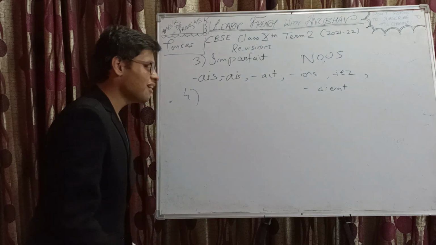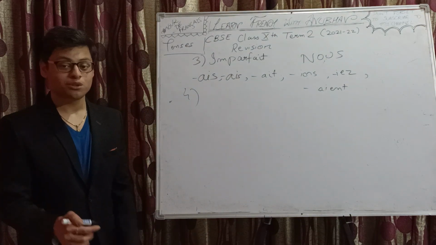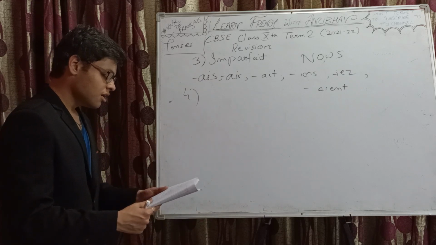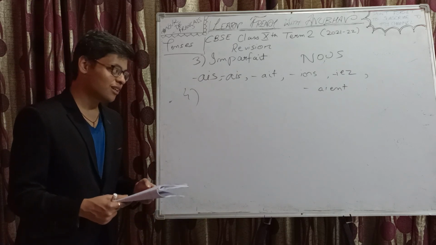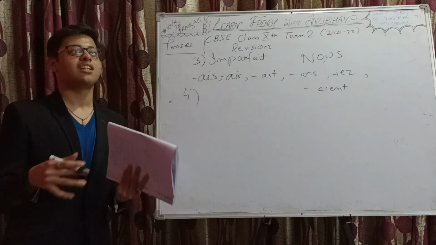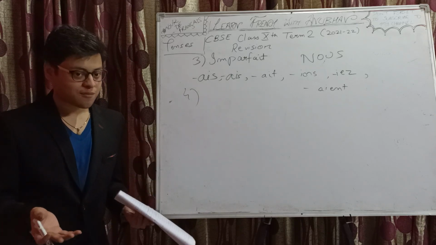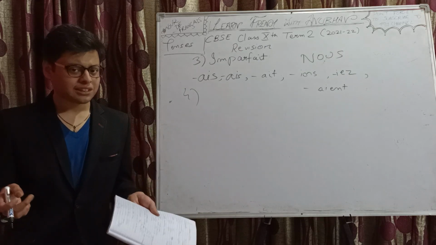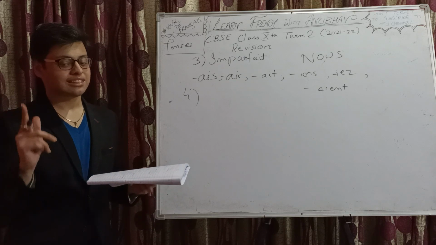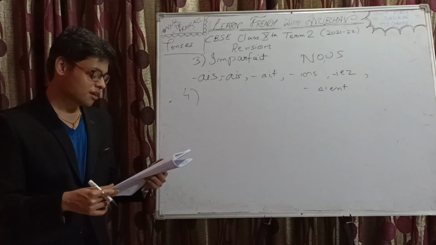If you need a revision video for conjugation of verbs, tell me, I'll do it. Irregular verbs cannot be included because every verb has its own conjugation. But regular verbs, the three groups, first group, second group, third group, can be revised very well in just a single video, isn't it?